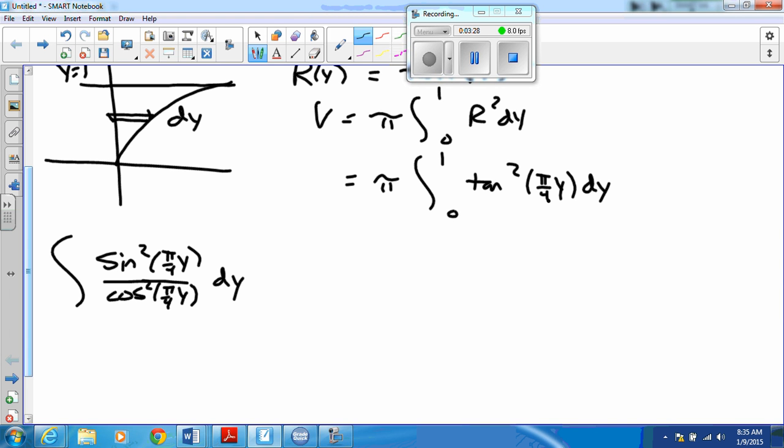Yes, there we go. So I remember my second Pythagorean identity, which is that tan squared plus 1 is equal to secant squared, like so. And now I do actually have an antiderivative for secant squared, and of course I have an antiderivative for 1.